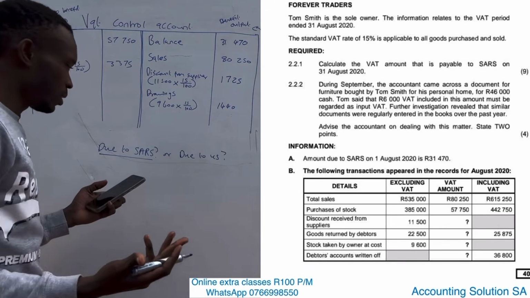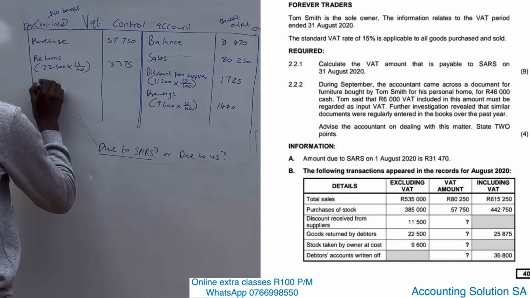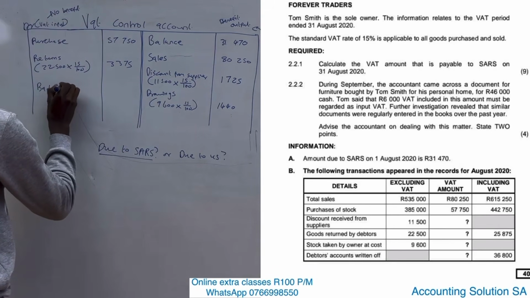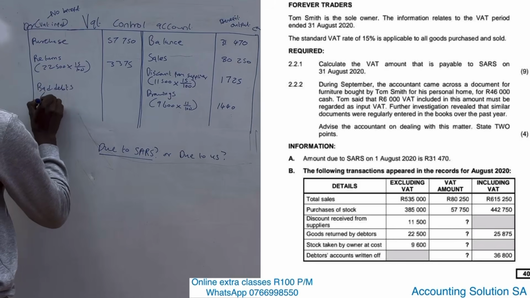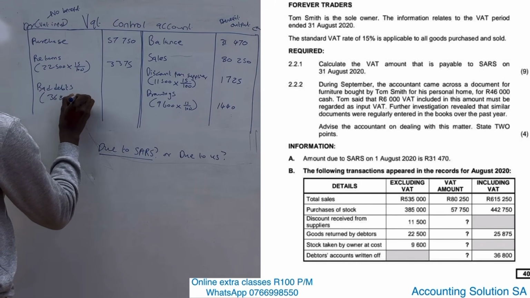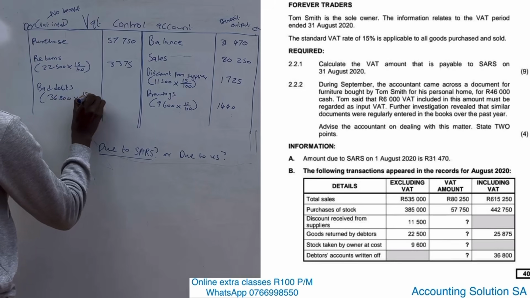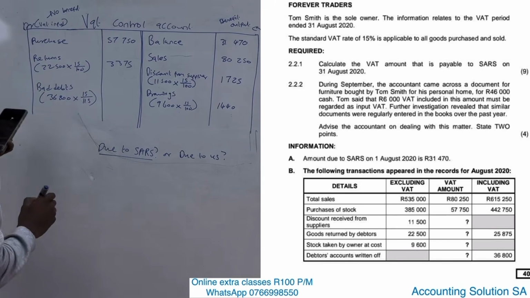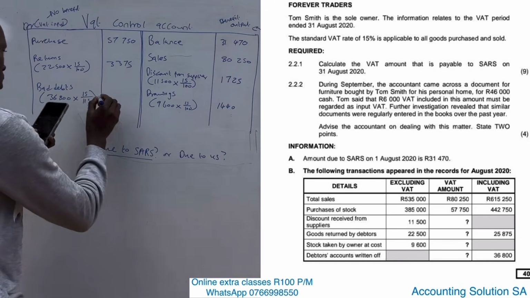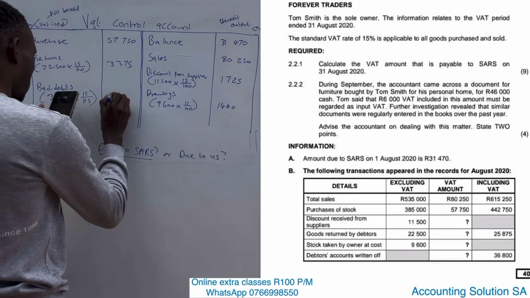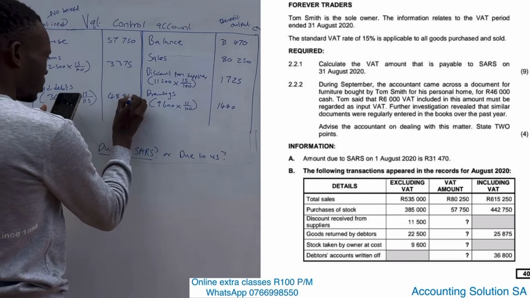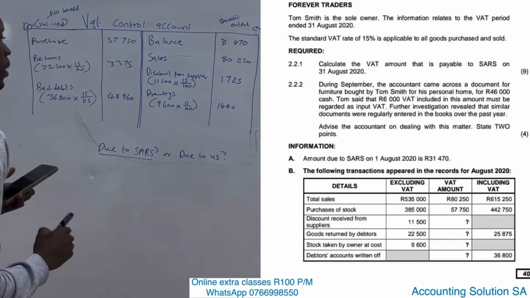Okay, and the last one, debtors account written off. Bad debt, we didn't benefit. It's an expense. Okay, and now we have 36,800, which is inclusive of VAT. We must divide by 115, and the amount will give us 48,960.